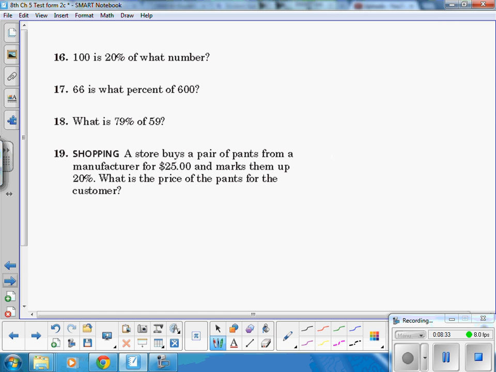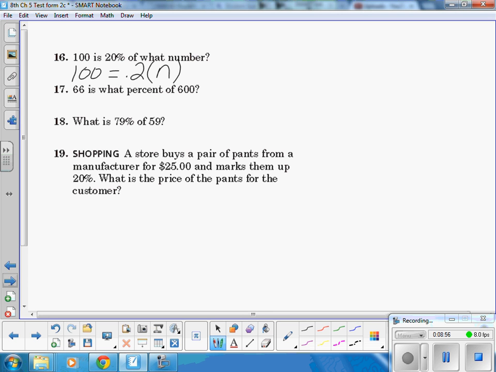Number 16, 100 is 20% of what number? 100 is 20%, that's 0.2 of what number? The first problems that we did, I solved using percent proportion. For these problems, I'm going to use the percent equation. Whichever way is easier for you, that is the method you want to do.